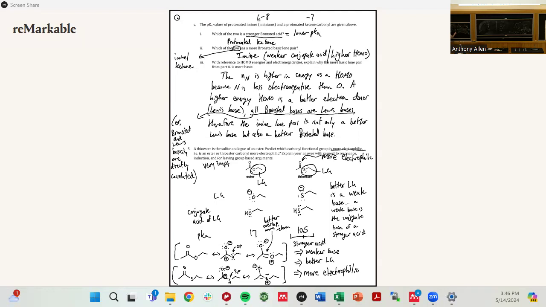SH, 10.5. Which would mean, well, I did not give myself space. Everyone get what I'm saying here? The thioester would be less reactive than the anhydride, but more reactive than all these.